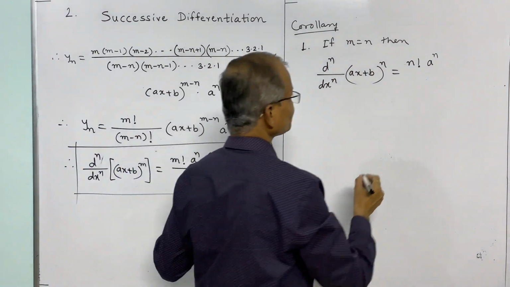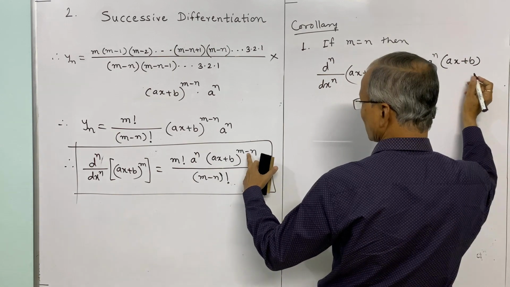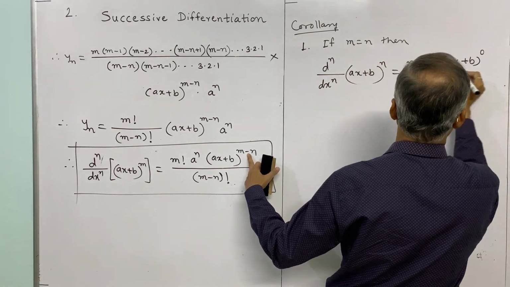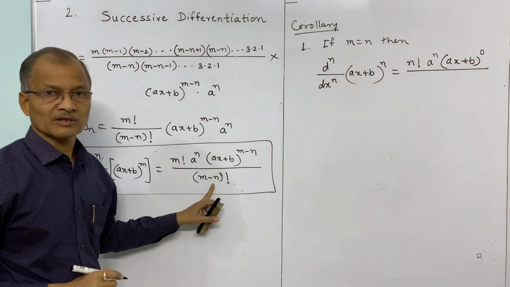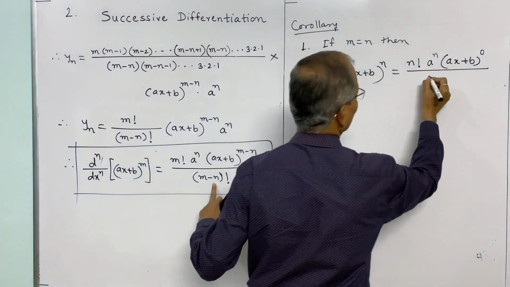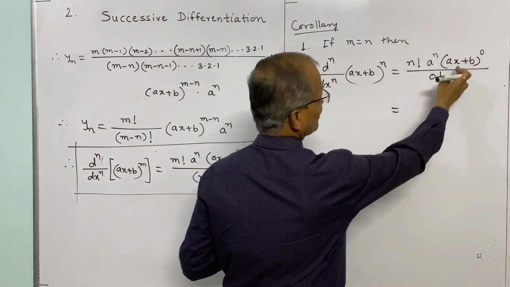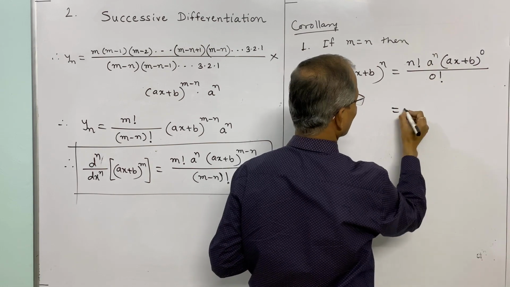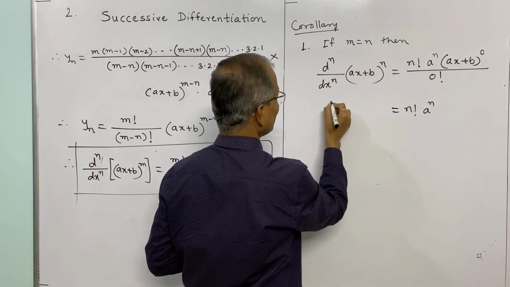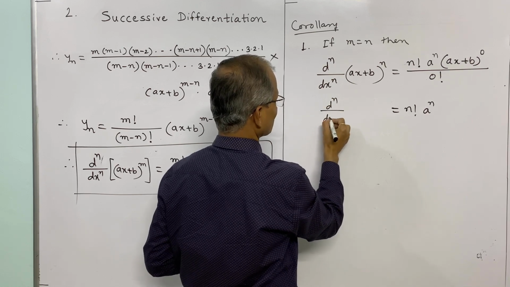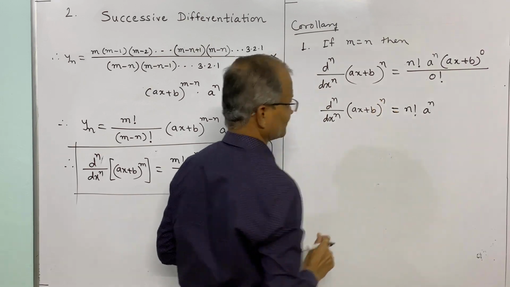Ax plus b to the power m minus n means this is 0 power, and divided by m minus n factorial. Both are equal, so this is 0 factorial. And 0 factorial we know is 1, and this is also 1. So the result is n factorial into a to the power n. So the nth derivative of this function is constant, (ax+b)^n.